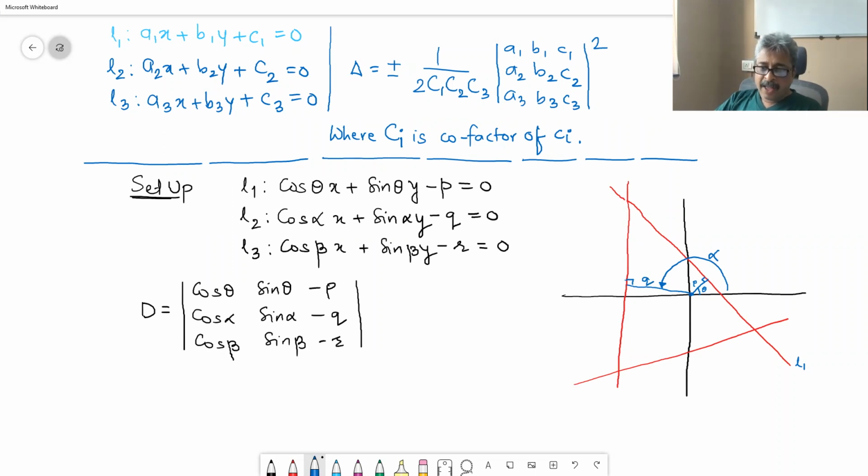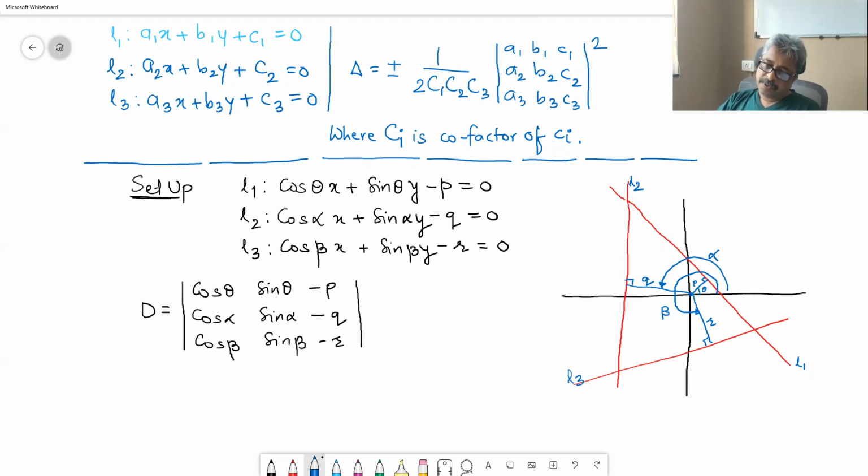Okay, and which line is L2? This line is L2, and this line is L3. Draw perpendicular. This distance is r, and this angle is beta.